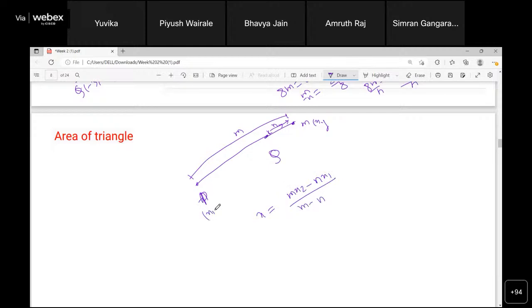So this is my x1 comma y1. This is my x2 comma y2. And here y coordinate will be my2 minus ny1 upon m minus n. This is the external section formula, right? Externally dividing, external section formula. So it is not in our syllabus, so that's why we are not discussing, but you can see like this, you can note it down. That's it.